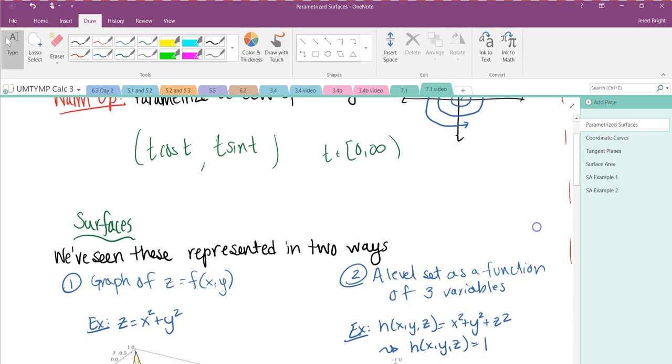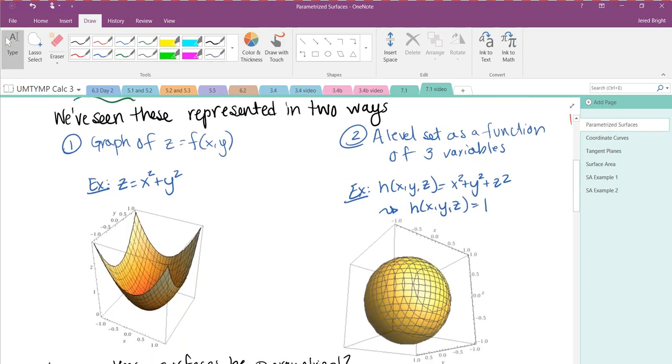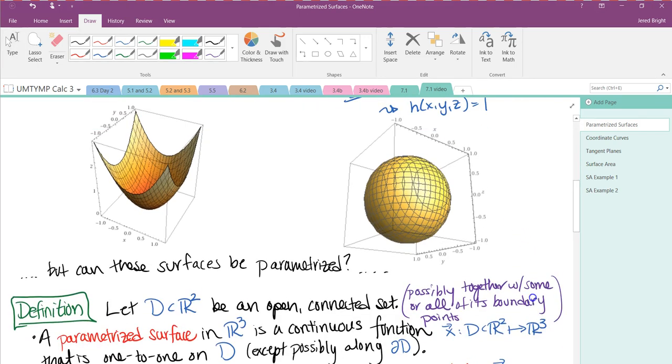So in the case of the first kind, where we said z is equal to a function of x and y, we maybe looked at a paraboloid, for instance, z equals x squared plus y squared. Versus the level set approach, we have something that involves x, y, and z, so it's actually a function in 4 dimensions, right? And we set h equal to 1, so we get rid of that 4th dimension, and then we just look at 3 dimensions, so we get something like a sphere.